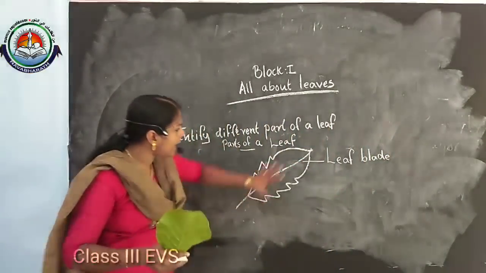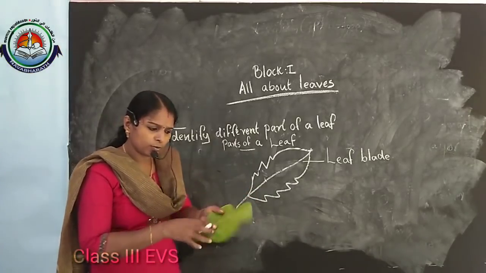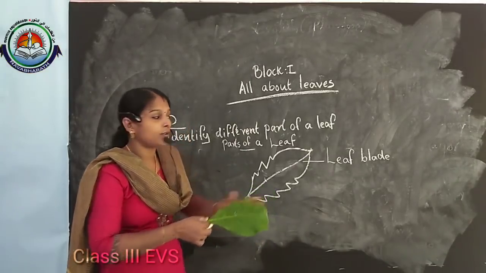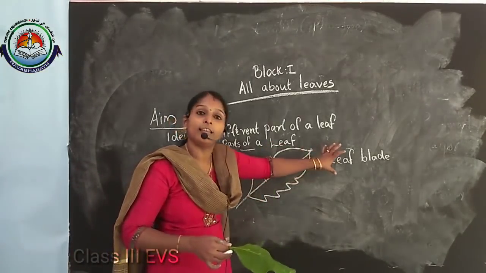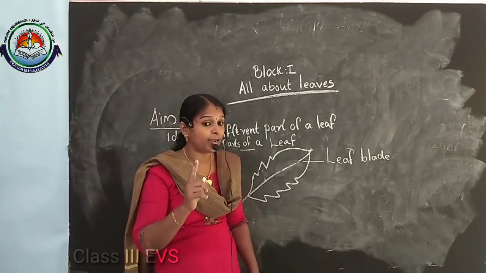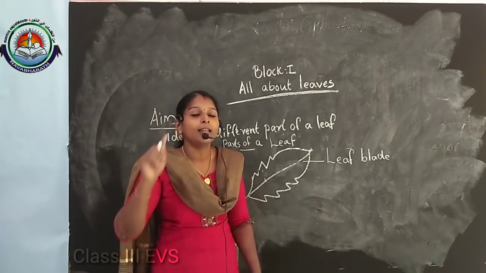The flat part, these all are flat parts, right? When we touch it, you can easily understand. This is the flat part of a leaf. So the flat part of a leaf is called leaf blade. Now we studied what a leaf blade is. The flat part of a leaf is called leaf blade.